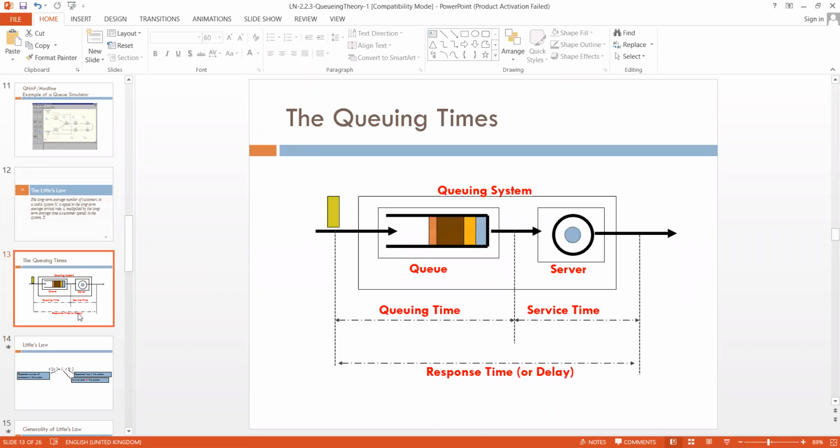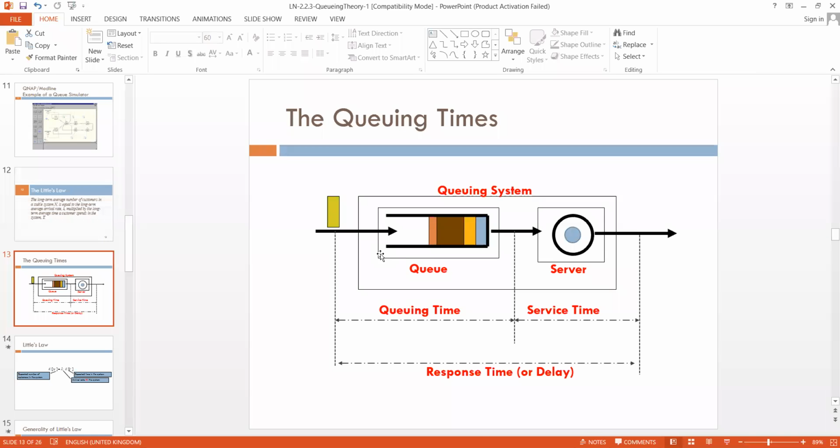Now, this gives us attributes of the queue. This is the queuing time. Once you enter and there is a customer already in service, then you have to join the queue. But if you enter and there is no customer in service or even in the queue, you just go straight to service, which means you don't join the queue.